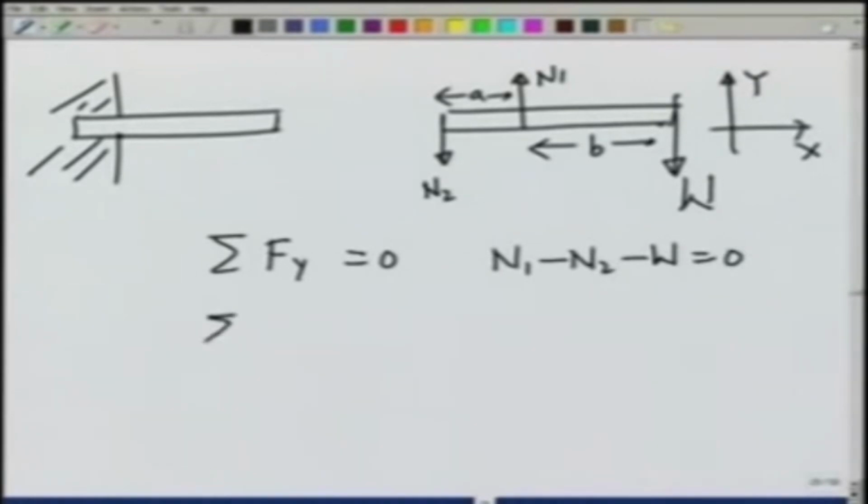and summation tau z about the z axis equal to 0. Let us say I take it about this point, although once the forces are 0 it does not really matter.